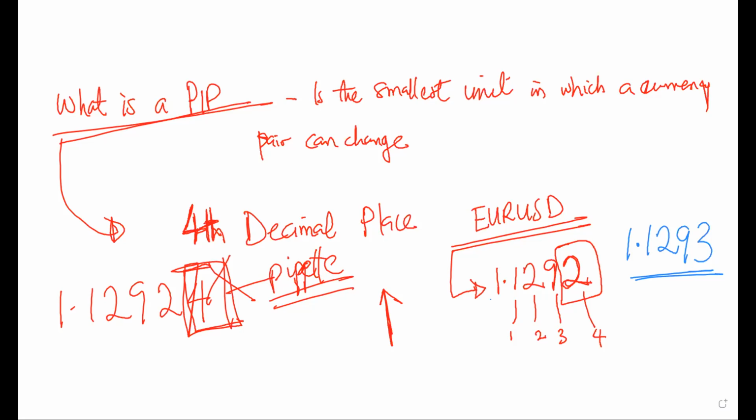Okay, so let's take a look at another example. Let's say GBP USD, which is currently at the price of 1.3031.